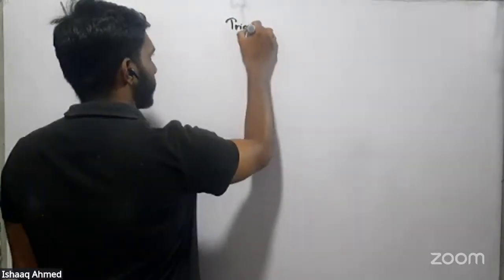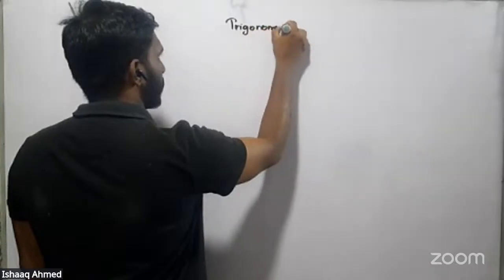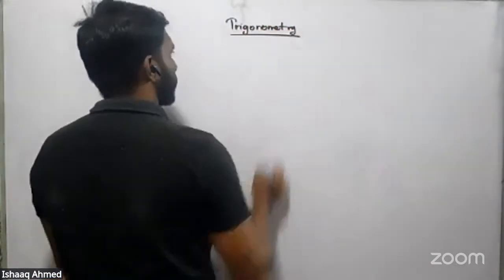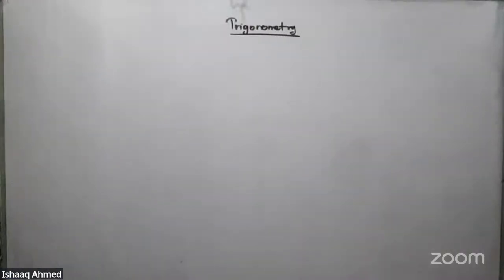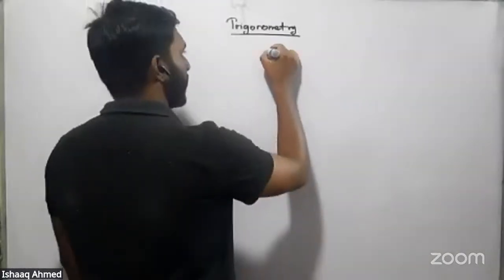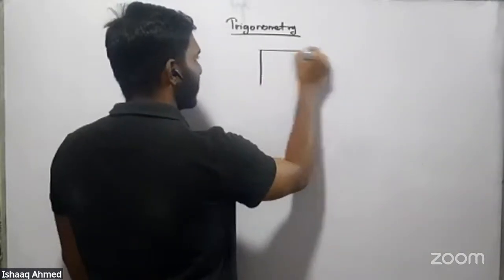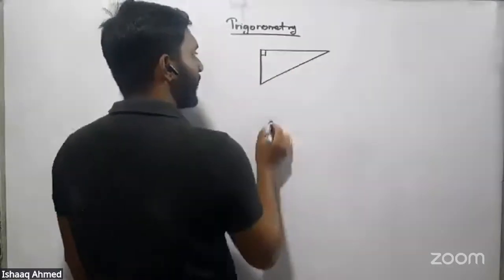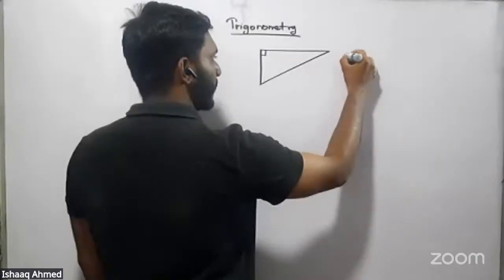Trigonometry. We're gonna start trigonometry. Trigonometry is very simple. When there's a right angle triangle, there are two theorems, two rules we can apply.